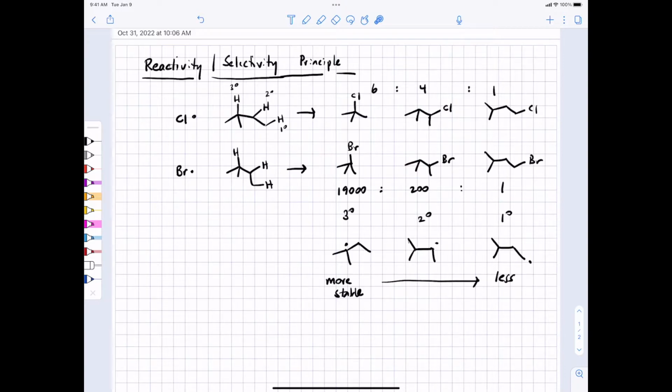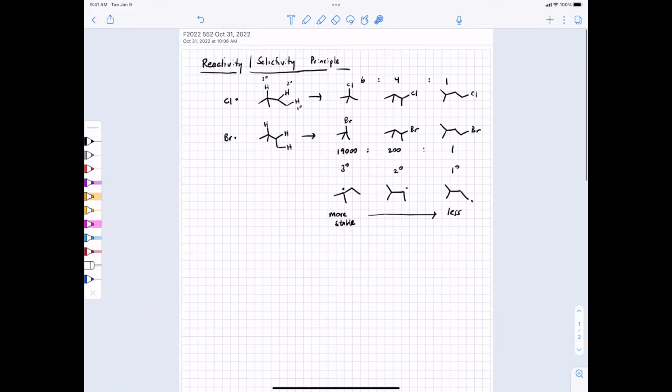I've heard analogies like, if you're really hungry and you go shopping, you will be less selective about what you put in your cart than if you go when you're not hungry. But that's not really a rule of thumb you can apply. What's going on is probably an expression of the Hammond postulate.